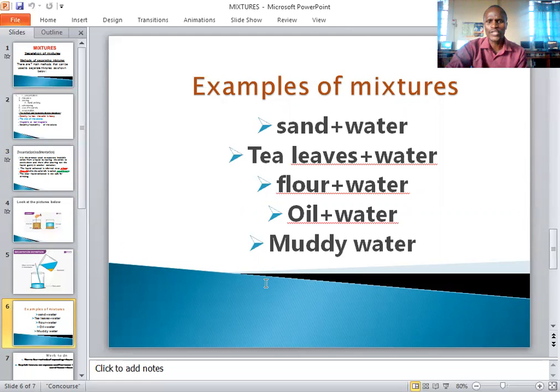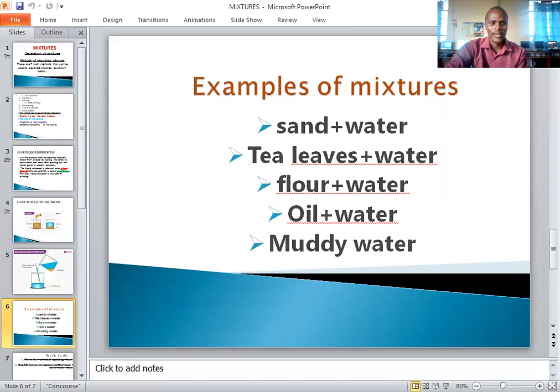You can as well use it if you want to separate oil and water, though remember oil is not a solute, it's a solvent, but you can use the same method to separate. You can gently pour water, and then we are left with oil in the container. And then finally, we have muddy water. Muddy water, we have looked at it and we have used it to explain that process.